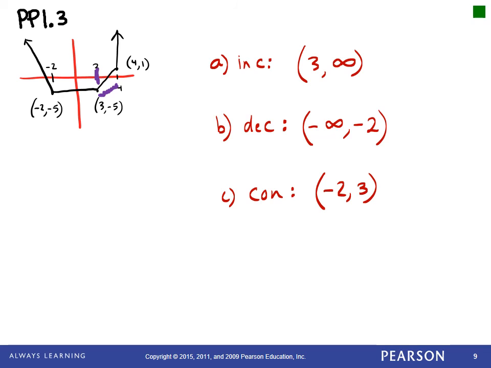Even though it had a corner, it didn't change direction. So we started off at 3, and it is increasing all this time, in fact forever, because of this little arrow. Does that make sense? So you include corners as still increasing or decreasing as long as it doesn't change direction on you. Okay. Good question.